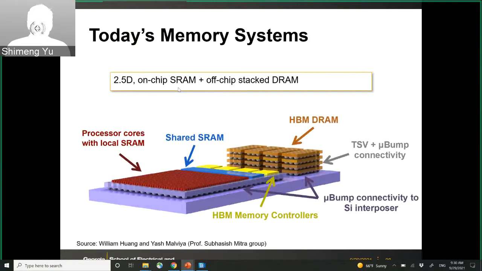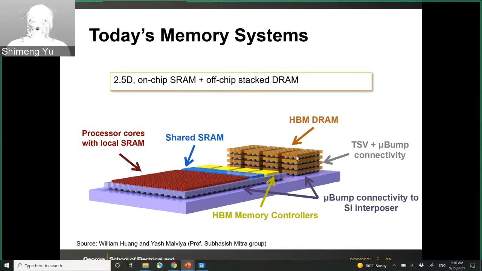To move forward, here we want to have the high bandwidth memory. So we discussed last lecture that we can stack multiple DRAM dies vertically using the TSV plus the micro bump technology.